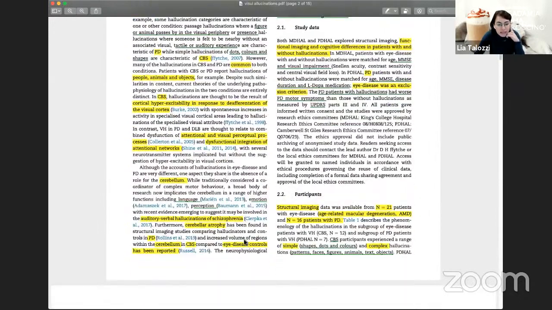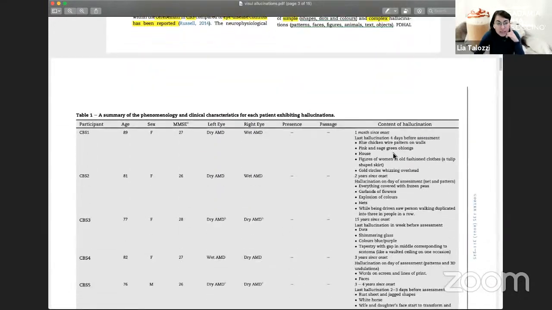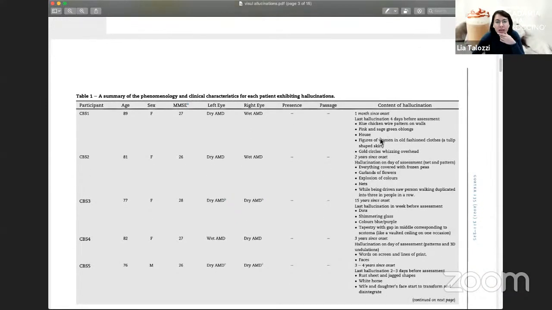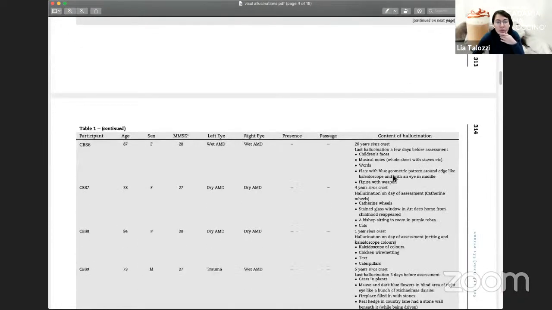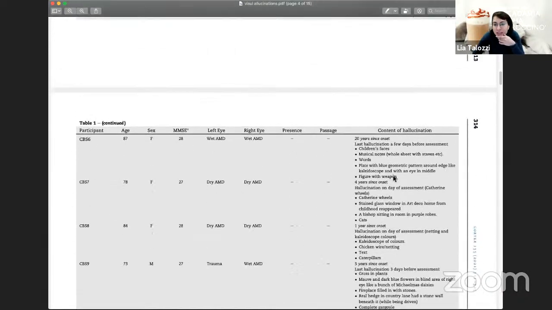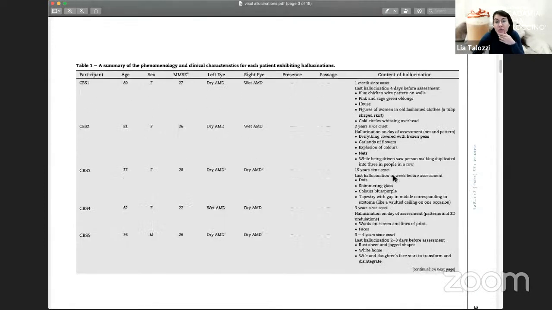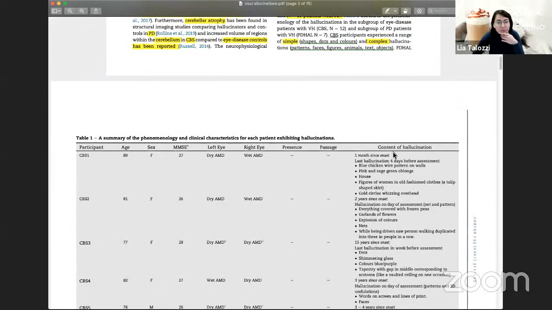It's really nice that in the paper they actually reported all the hallucinations that the patients had, to give you an idea of the variety, as also Michelle was asking last week. Here you have for each patient a huge table where you can really get a feeling of the content of the hallucinations.